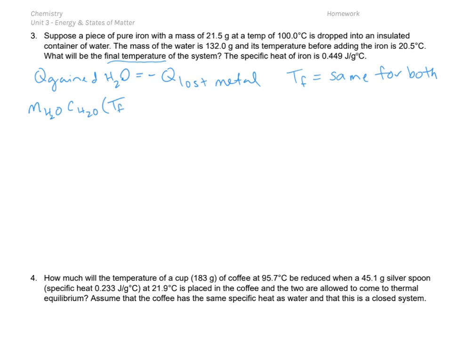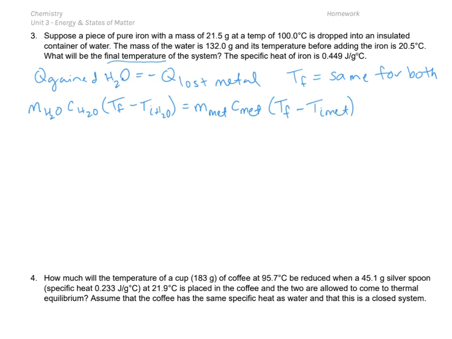Here I'm writing just TF, not TF of the water, because it's the same on both sides, minus the starting temperature of the water. And that's going to equal the mass of the metal times the specific heat of the metal times the change in temperature. Again, TF was the same on both sides because they're at equilibrium, so I'm just writing TF minus the starting temperature of the metal.